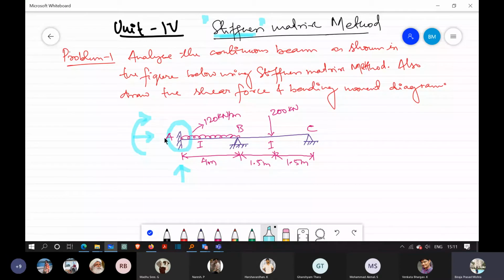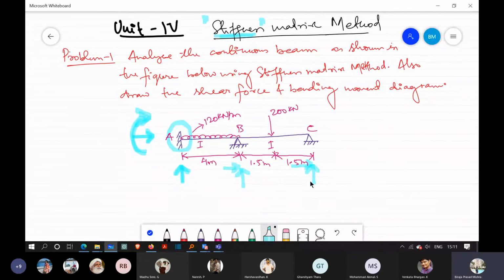Because displacement in this direction, displacement in this direction, and rotation in this direction are restricted. So three reaction components will be there. Here one vertical reaction, another horizontal one; here also one vertical and one horizontal component, definitely. Moments will be zero here.